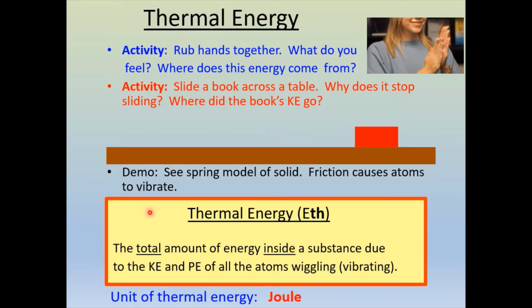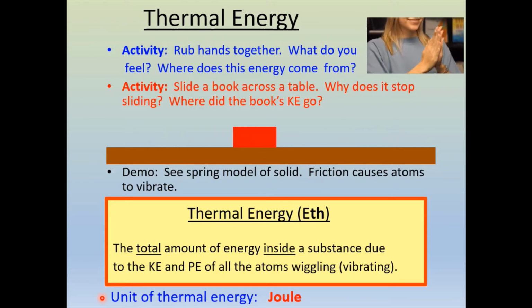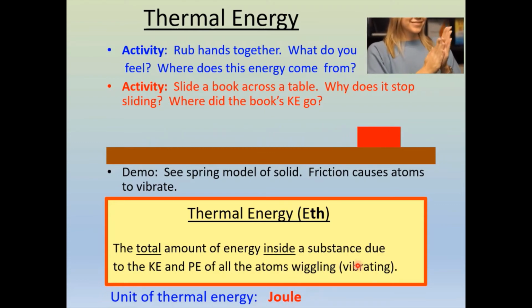It's not something that has to do with where the object is or how fast the object is moving, like kinetic and potential energy. It's an energy that has to do with the internal state of the object. However, thermal energy, like all energy, is measured in joules. So I'm going to show you a couple of computer model simulations that will help clarify what thermal energy is and how it's produced by friction.